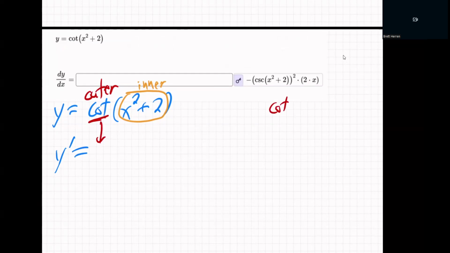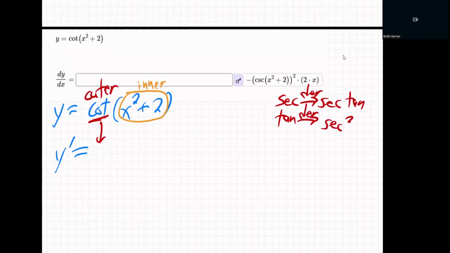Let me write out a few of these, see if you know these. So the derivative of secant is secant tangent. Derivative of tangent is secant squared, because you might have something different than I'm looking at right here. And for cosecant, it's going to be negative because all the derivatives of cofunctions are negative.